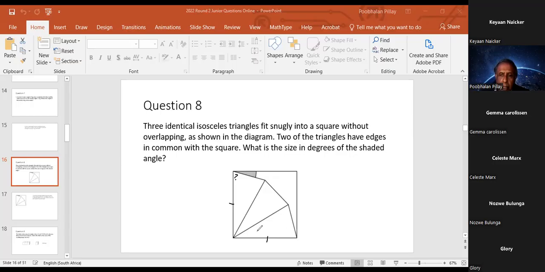So they're identical, so these angles will be the same also, because they are identical, you see. And that would mean that these sides must be equal, like that, as you can see. All right.